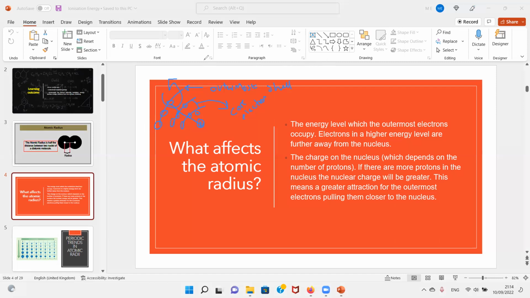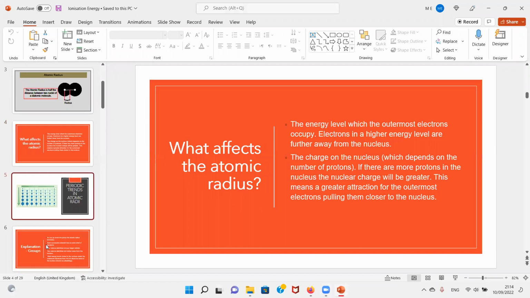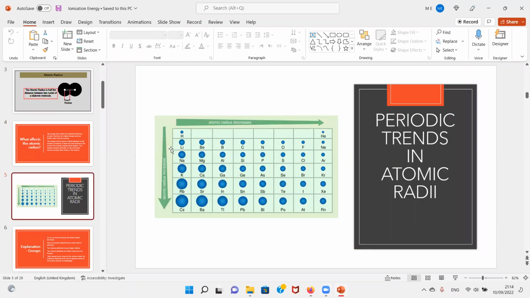Just to erase this. We want to see what is affecting the atomic radius. If we go across the periodic table, atomic radius increases as we go down the group, and it decreases as we move across the period.